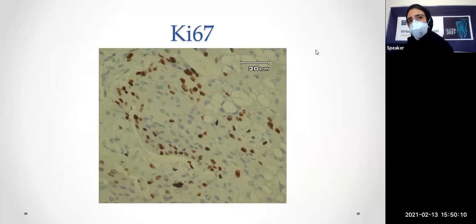And after that, I did some staining, only histochemical staining, not IHC, for Congo red, and I found it was negative for amyloid or some materials secreted between cells.